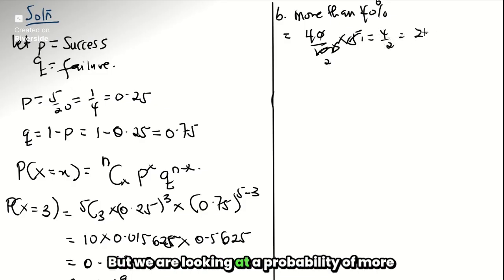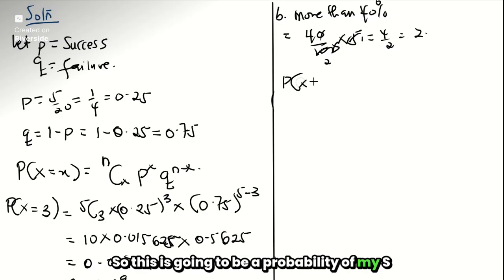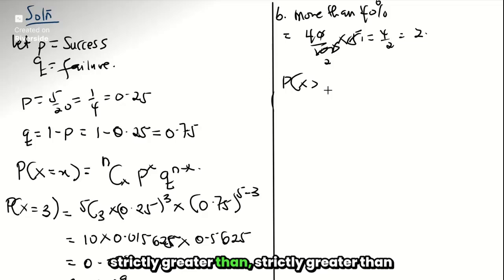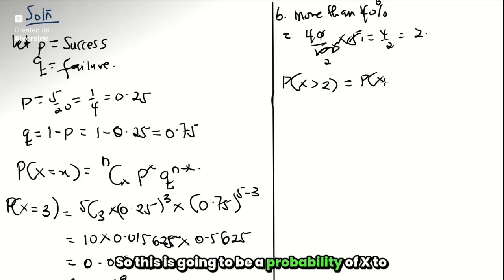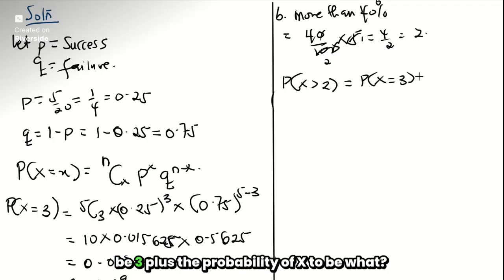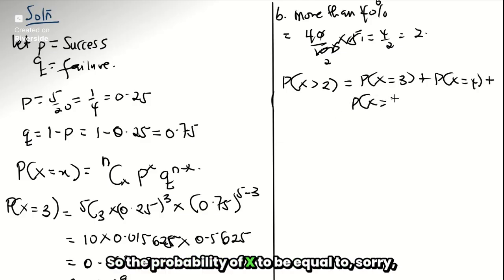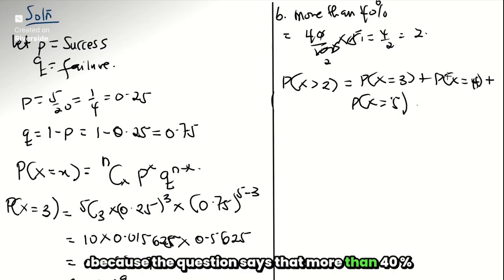But we are looking at the probability that more than 40% are internet literate. So this is going to be the probability of X strictly greater than 2. This is the probability of X equal to 3 plus the probability of X equal to 4 plus the probability of X equal to 5, because the question says more than 40%.